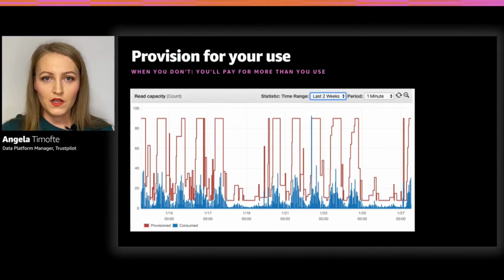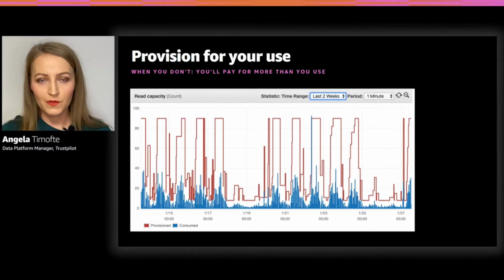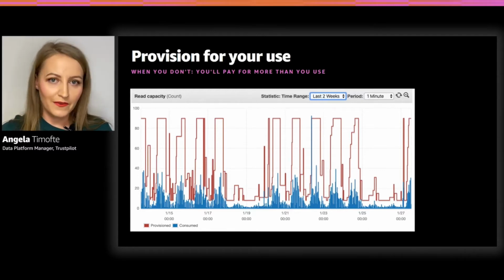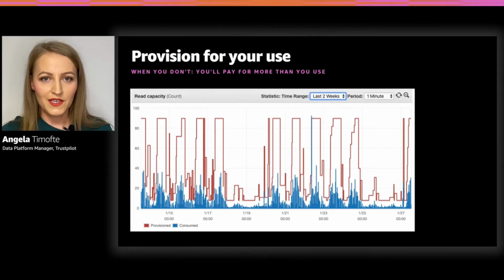That's not a good use of a serverless database like DynamoDB. The way we ended up in this scenario was that at some point we were running some scripts and we changed the auto-scaling policy. Then, of course, we forgot to update the auto-scaling policy, and we ended up in this situation where we were scaling a lot more than we needed.